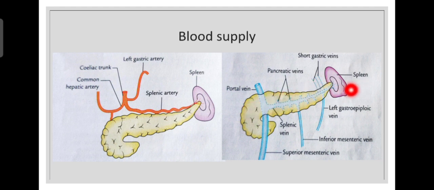See here, the splenic vein is straight, not tortuous. This is because the splenic vein is slightly embedded within the posterior aspect of the body of the pancreas. That is, it is attached firmly, so that during the movement of the spleen, it doesn't get ruptured or hindered.